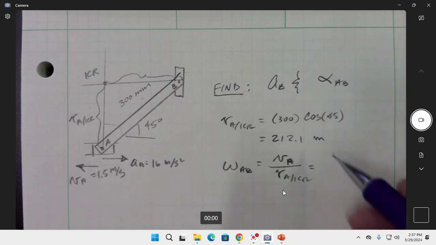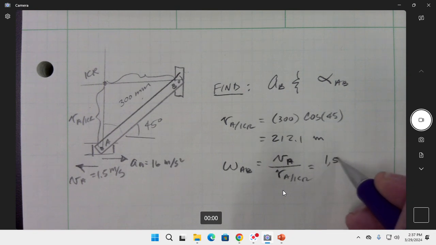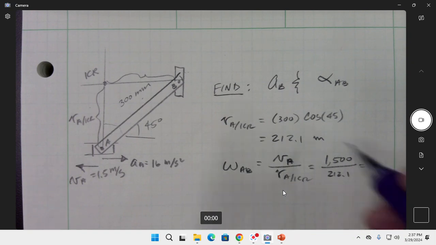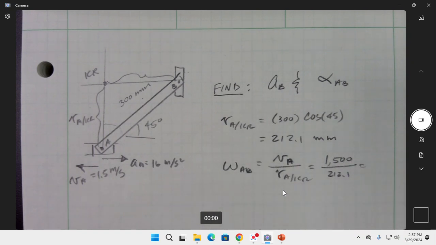So 1,500 divided by 212.1 is 7.071 radians per second.